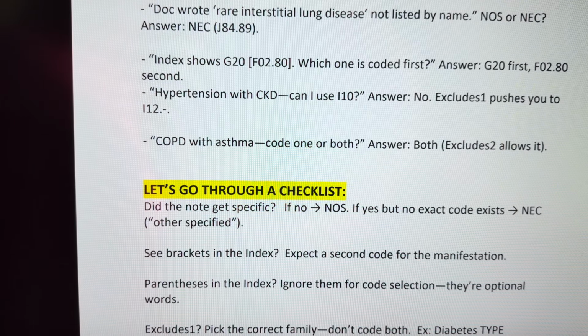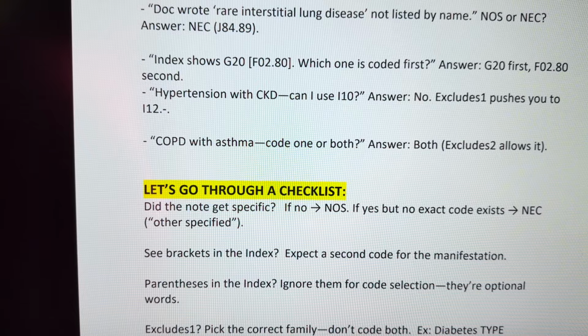And I have a practice part, but you see the answer after. We'll just go through it so you guys can see it again. Doctor just wrote pneumonia. Is that NOS or NEC? That is NOS because it's unspecified.